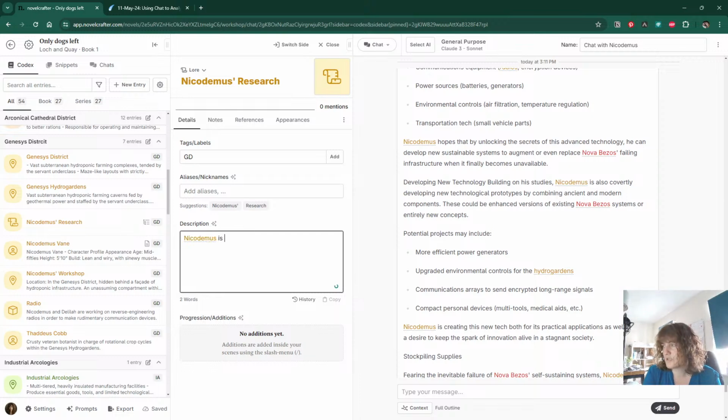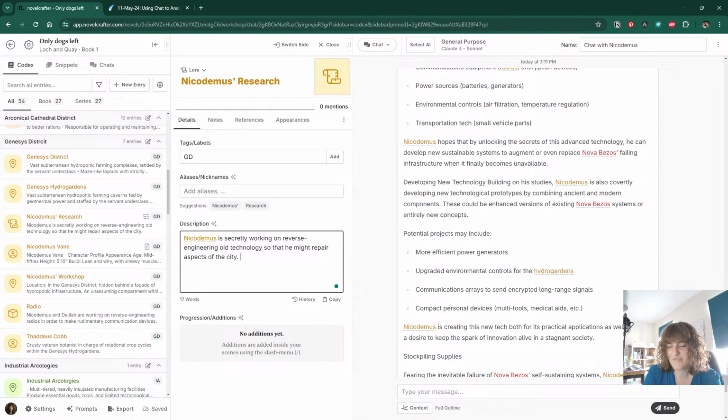Nicodemus is secretly working on reverse engineering old technology so that he might repair aspects of the city. Oh my god, maybe it's an old record player or some kind of musical thing, for what they share nostalgia for.